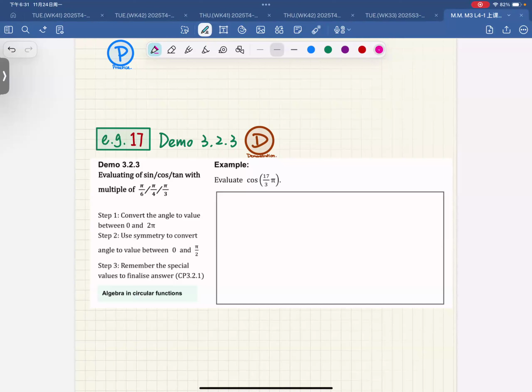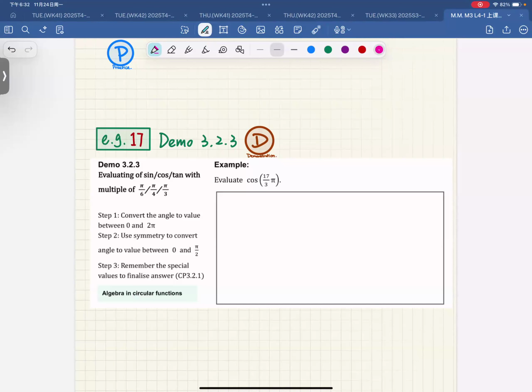Next time. This is basically that. Skip that process.